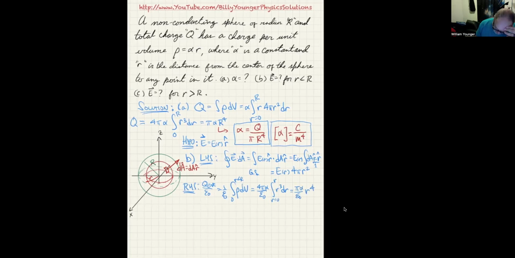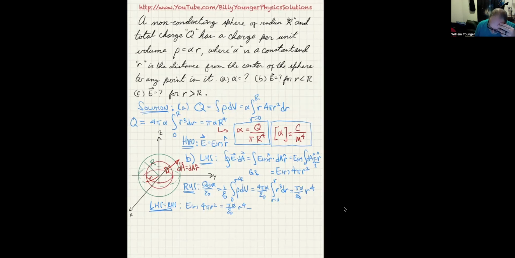So setting left hand side equal to right hand side, I get E of r times 4 pi r squared is equal to pi alpha over epsilon naught r to the 4th. But before I do that, I can't have this answer in terms of alpha.